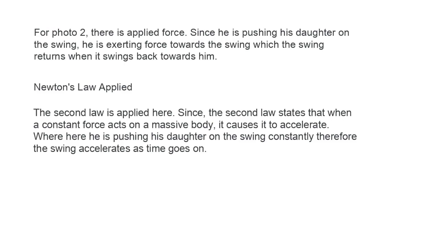He is exerting force towards the swing, which the swing returns when it swings back towards him. For the Newton's law applied, the second law is applied here, since the second law states that when a constant force acts on a massive body, it causes it to accelerate. Here, he is pushing his daughter on the swing constantly, therefore the swing accelerates as time goes on.